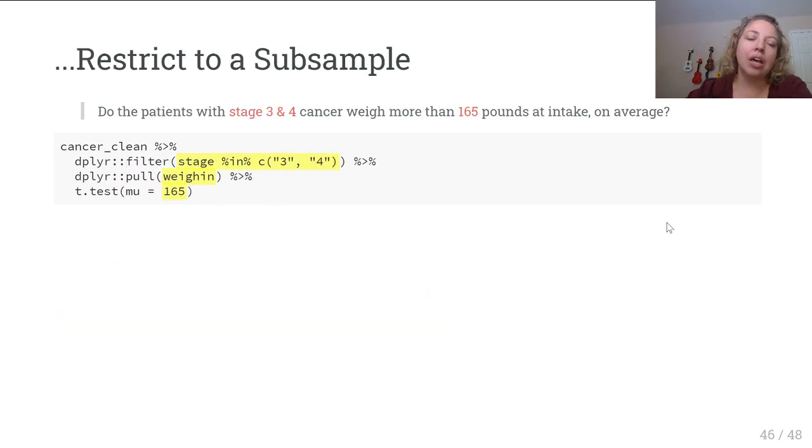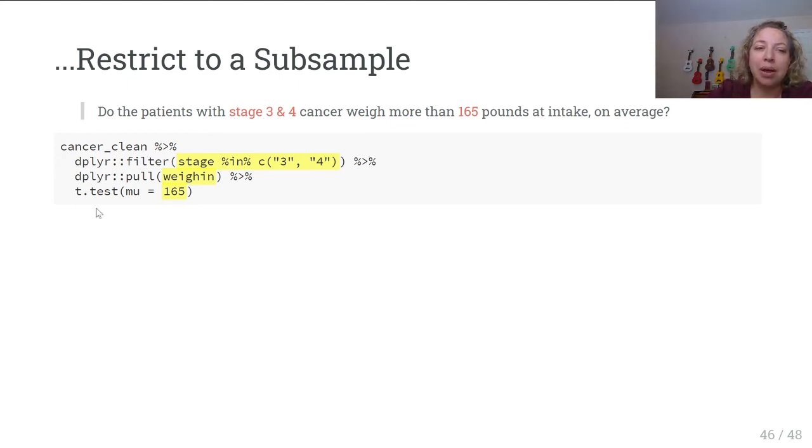Now we can use this pulling of a variable and doing a t-test in combination with all the other steps that we've learned. So we can do this on a sub-sample in our data set. So maybe I'm only concerned with the weights of patients who are in advanced stages of cancer. So maybe I only want to investigate the intake weights for those patients that have cancer stage 3 or 4.